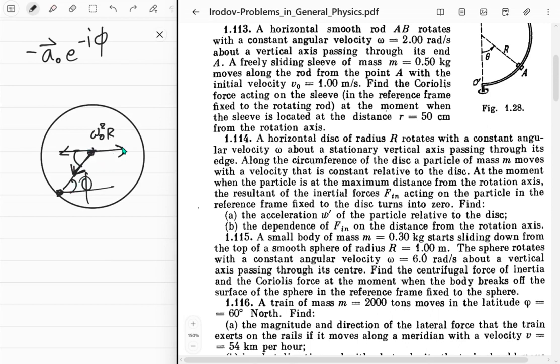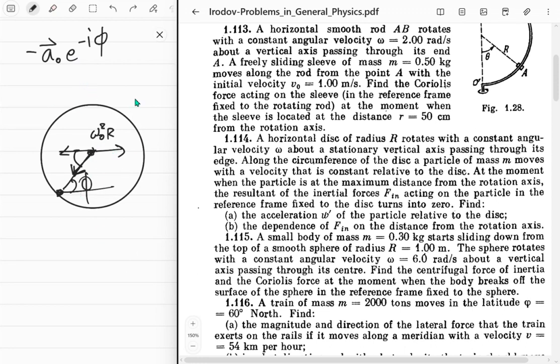And this vector will be used directly in the rotating reference frames. So it really is just omega naught squared R along the x-axis in the rotating frame, not in the non-rotating frame.